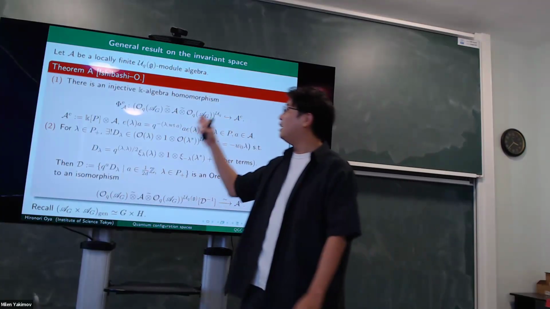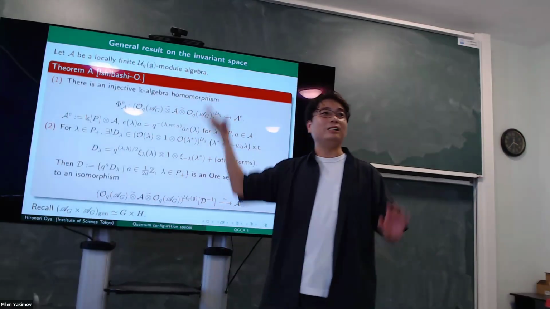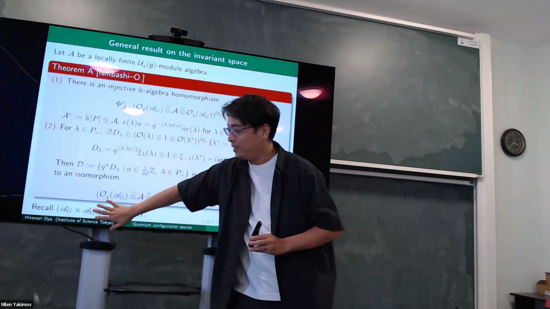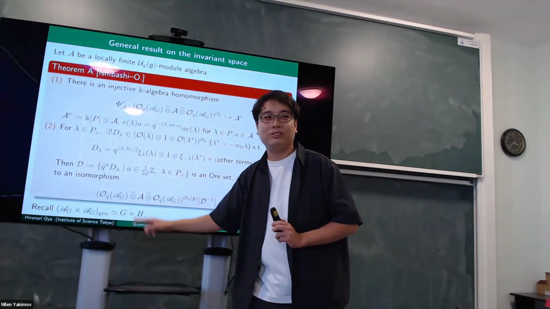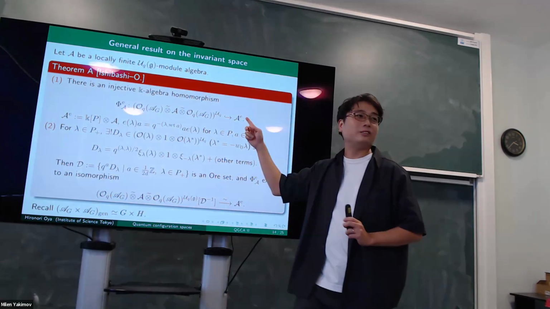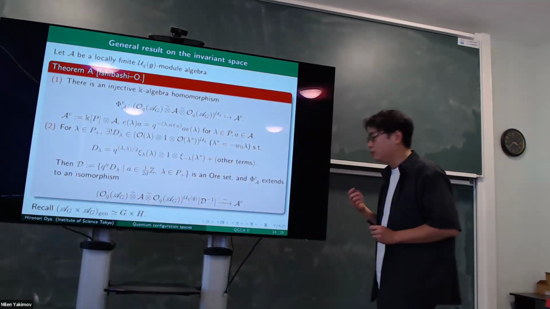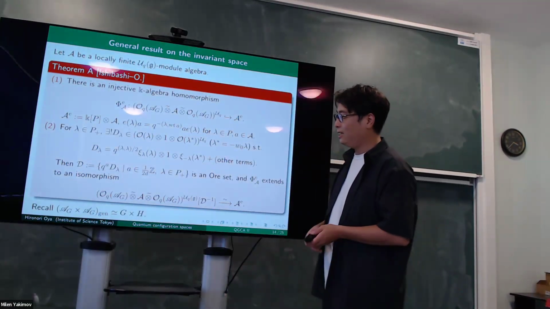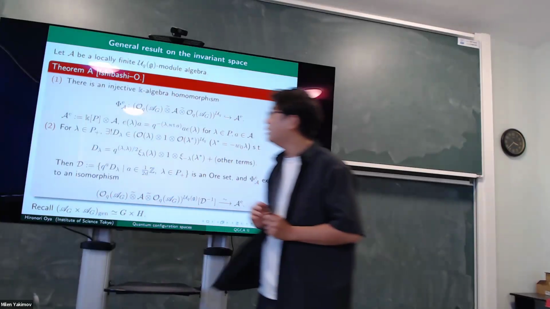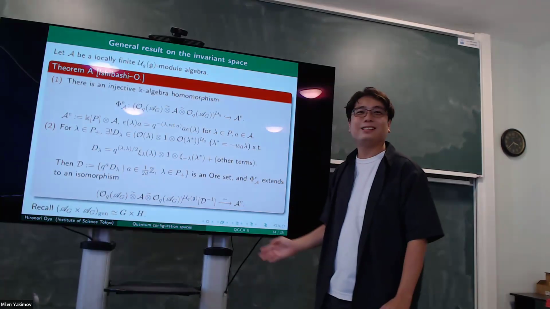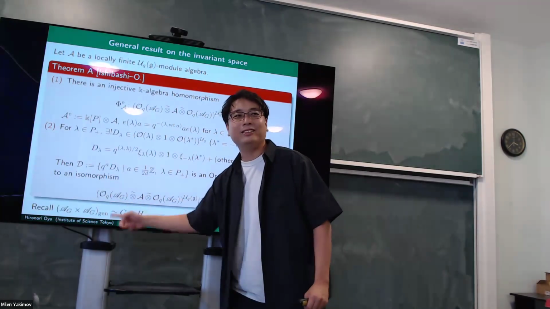If we take the invariant part, it means we divide this space by G, so this disappears and this H survives. This H corresponds to the extension by the group algebra. If we know this isomorphism, then we can easily understand it, and this localization corresponds to this generic condition.